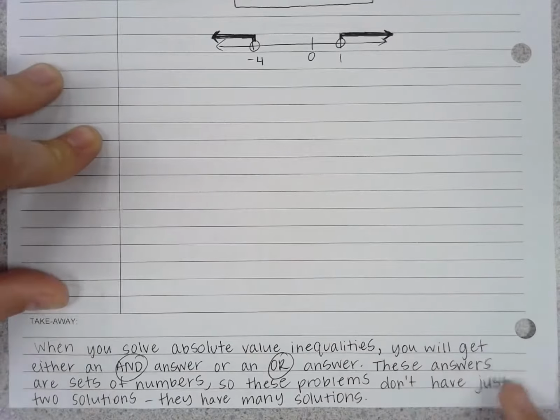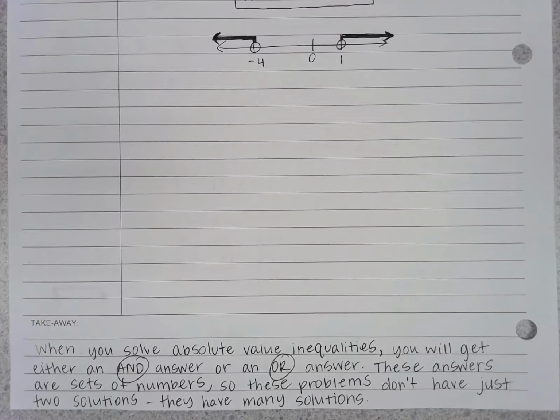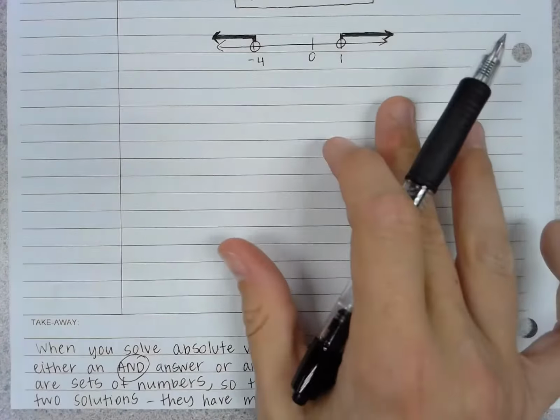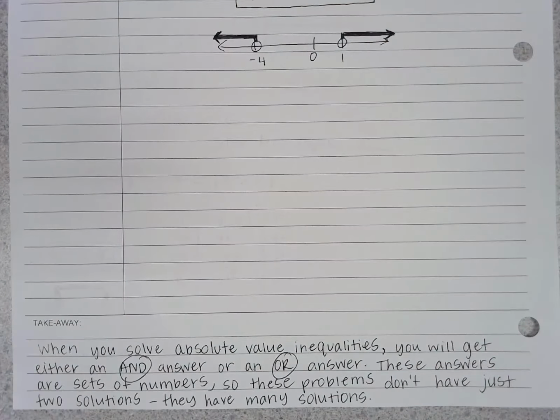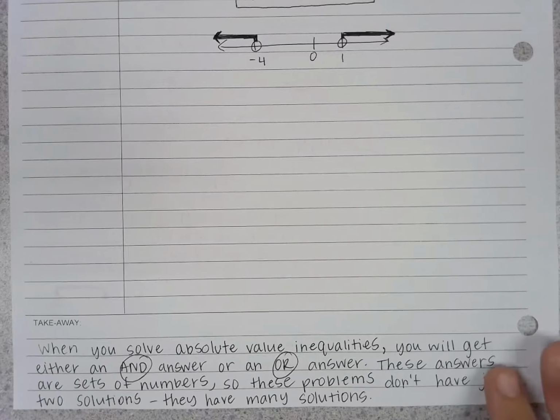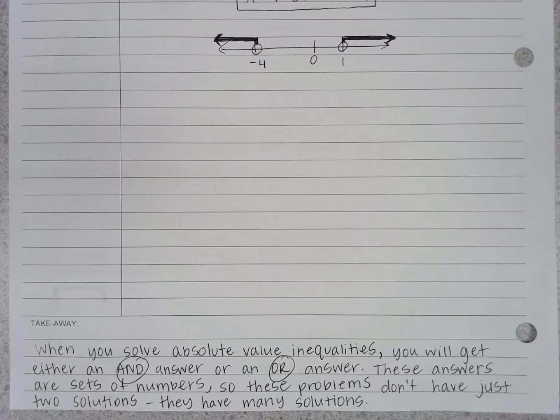That second part of the takeaway isn't really something that you saw up on the previous part of the notes up there. It's just really important that you understand that. And so I decided instead of writing it up here, I would just write it in the takeaway. These answers are sets of numbers, so these problems don't have just two solutions, they have many solutions. They have all the numbers that are over here, and they have all the numbers that are over here. And so understanding that will help you if a question asks you to provide a solution to the question. But remember, the big key is this first part. It's all about whether it's an and or an or based on the direction of the inequality symbol.